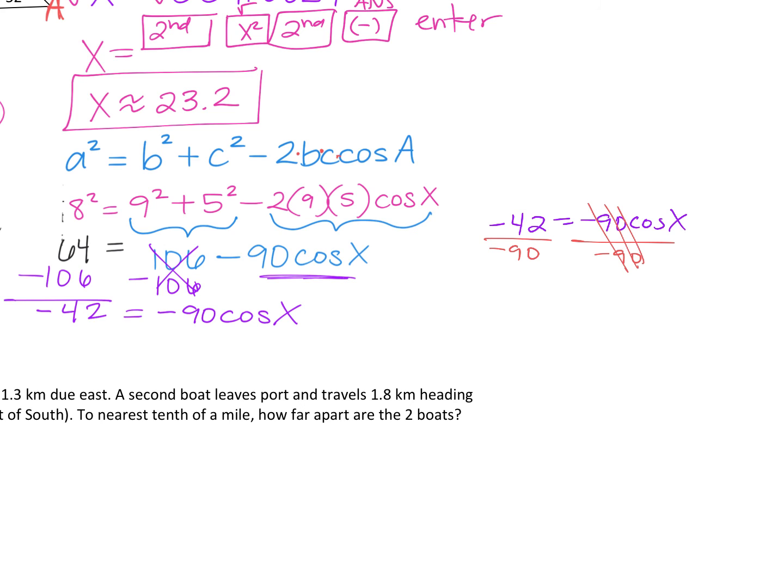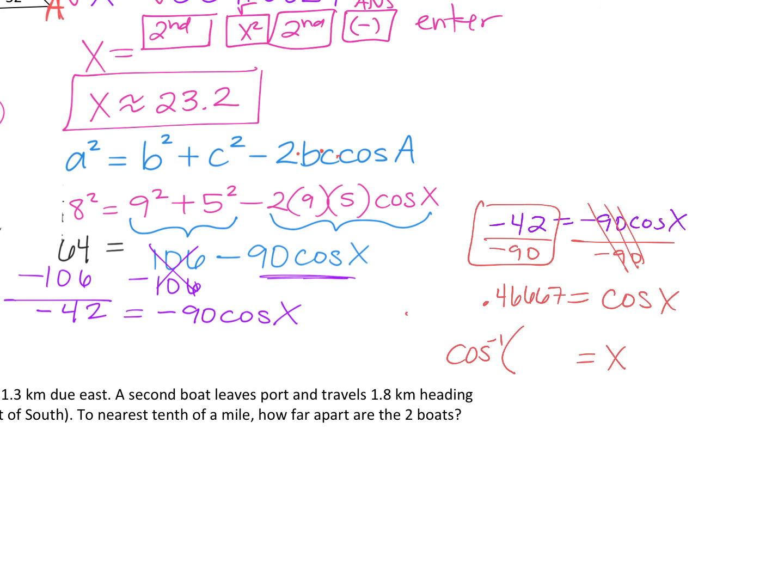So this is gone, and you have the cosine of x equals, plug that into your calculator. 42 divided by 90 is this number. Now again, I would not plug that number in. I would leave that number in your calculator and do what to it? Take the inverse. So x equals the inverse cosine.